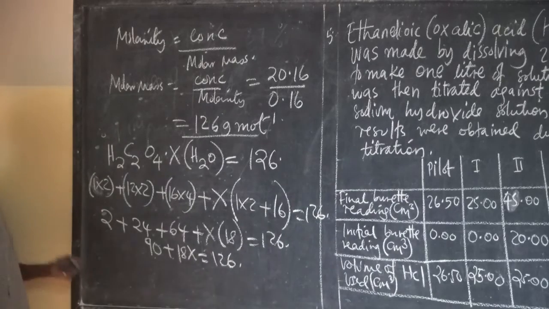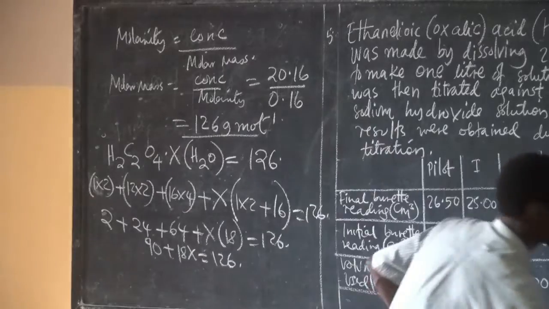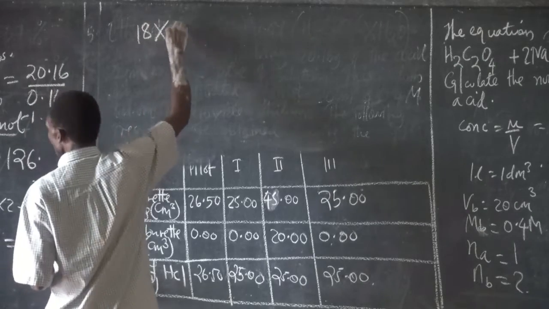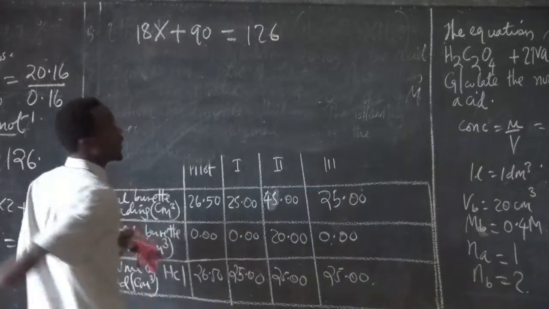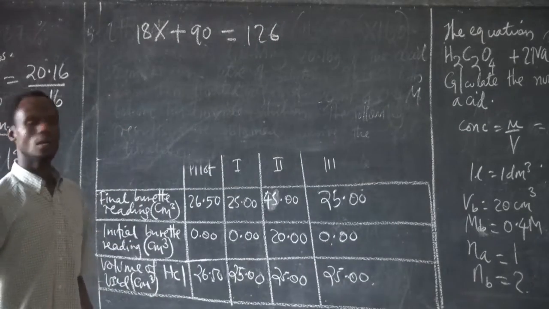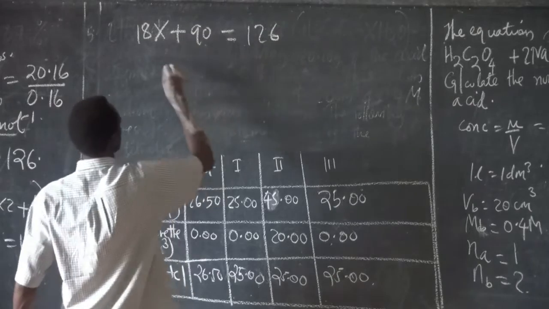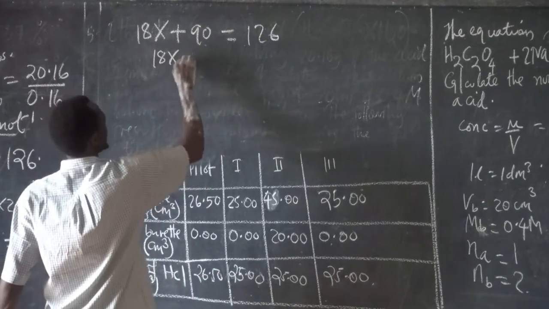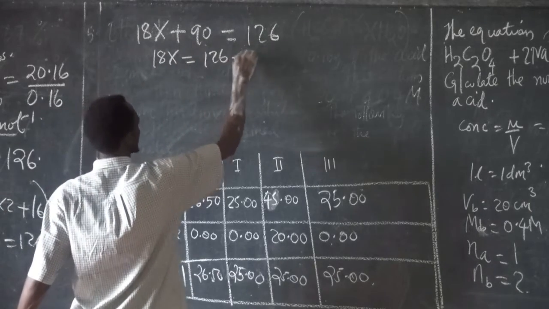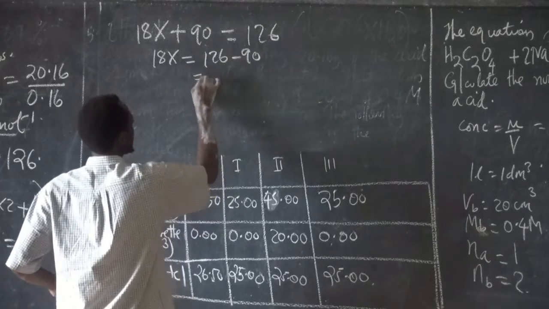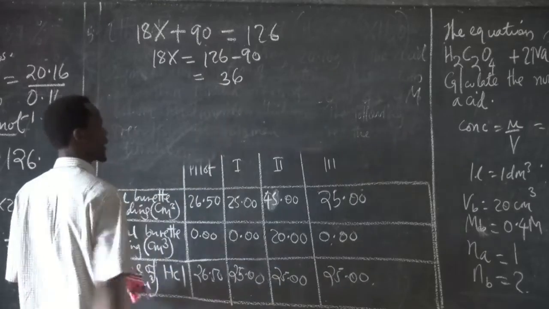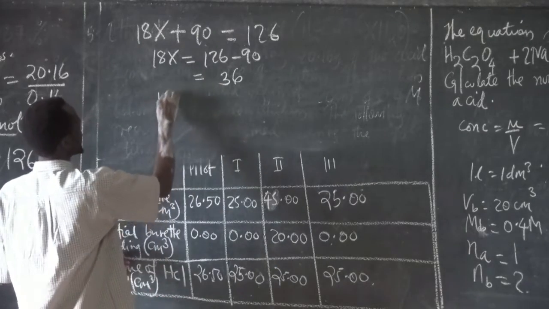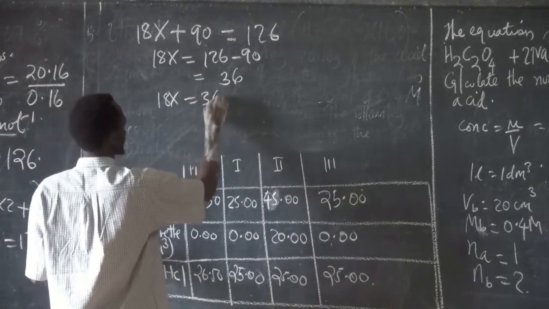Now this is the algebraic principle. We have 18X plus 90 is equal to 126. Now we are looking for the value of X. Take this 90 to the other side. Now it is 18X is equal to 126 minus 90, which is equal to 36.